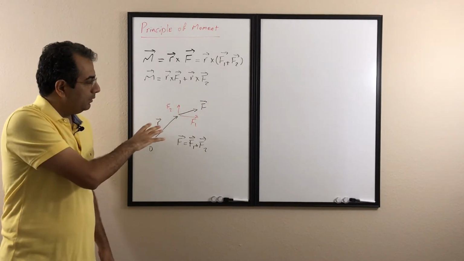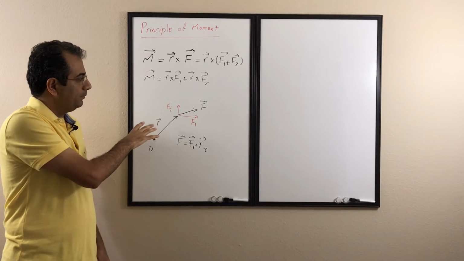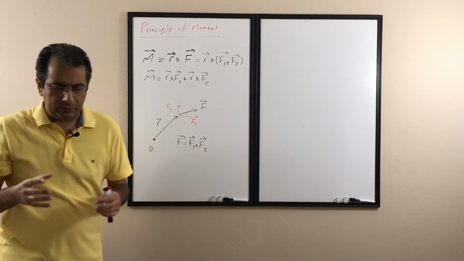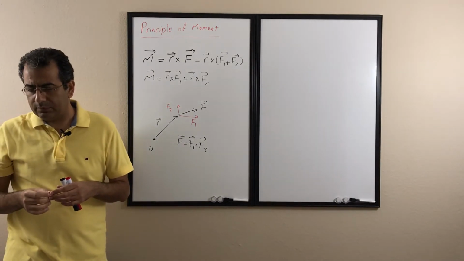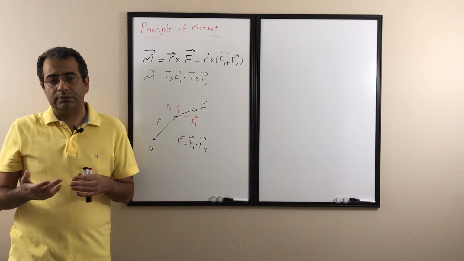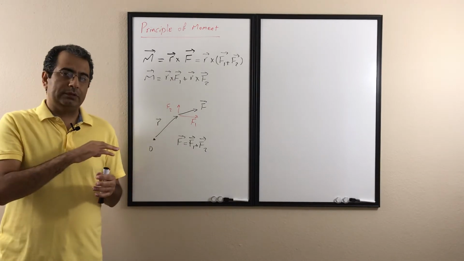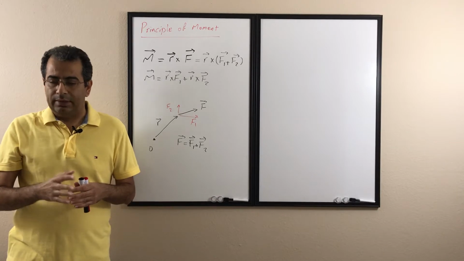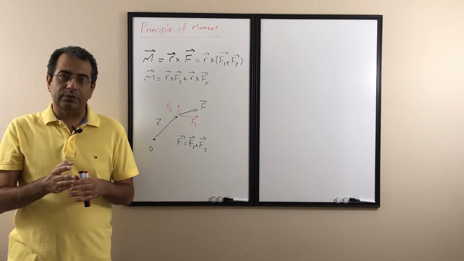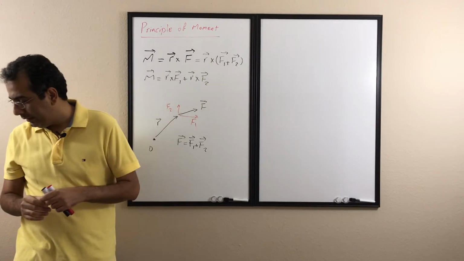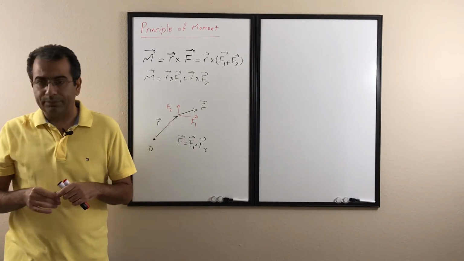This is going to be really helpful when we are dealing with 2D calculation later on. So what I would suggest is that anytime we want to do any 2D moment calculation, it's better to resolve any forces into X and Y components, find the moment for all the X components and all the Y components, and at the end add them all together.